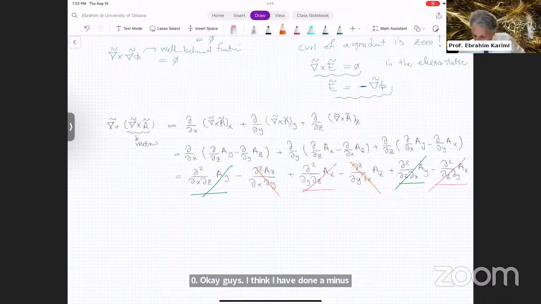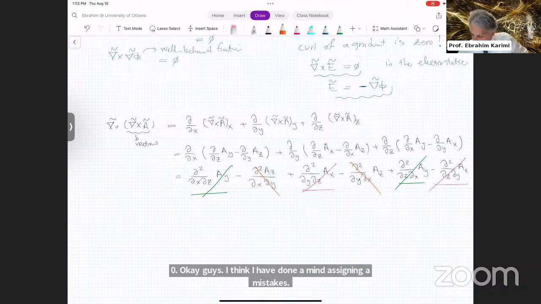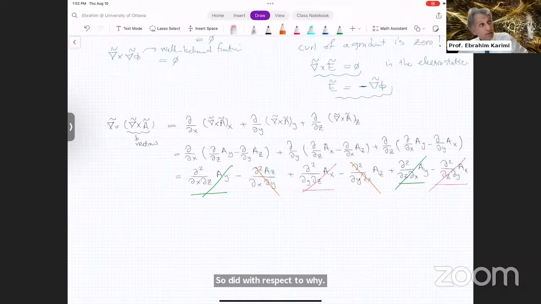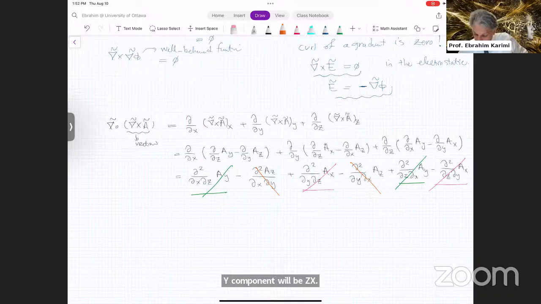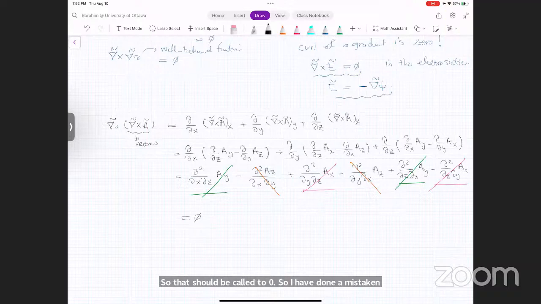So the derivative with respect to y of the y component will be z x, xz will have a negative sign. The x component will be z y, yz. So that should be equal to 0. So I have made a mistake in the minus sign. Yeah, I think it's the second term that has the negative.